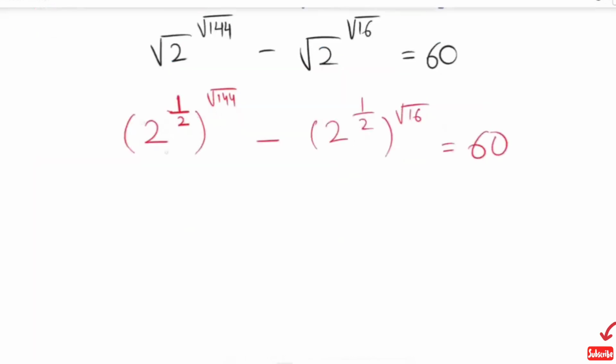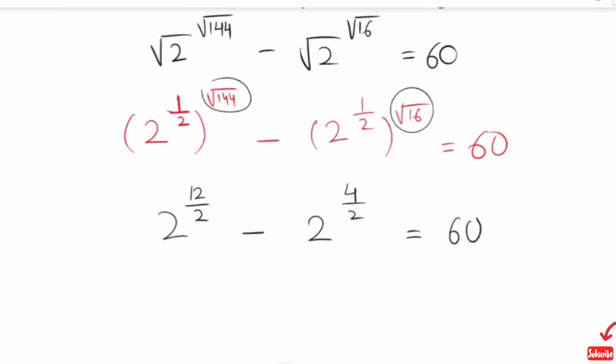Now here I will use the exponential rule and multiply the powers. 2 to the power of the root of 144, that is 12, over 2. Here also I am going to solve this root 16: 2 to the power of 4 over 2 is equal to 60.